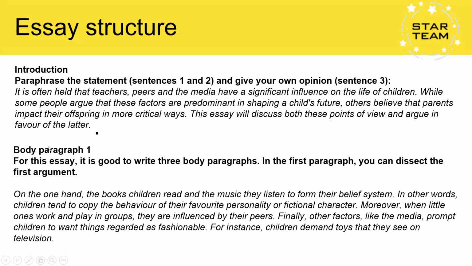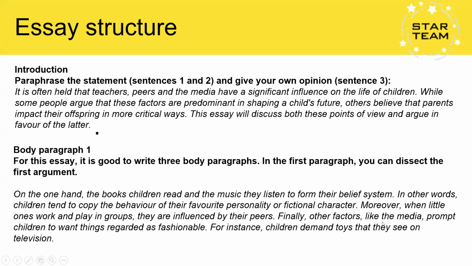The next, we write 2 body paragraphs. The first one, we can dissect the first argument. On the one hand, the books children read and the music they listen to form their belief system. In other words, children tend to copy the behavior of their favorite personality or fictional character. Moreover, when little ones work and play in groups, they are influenced by their peers.